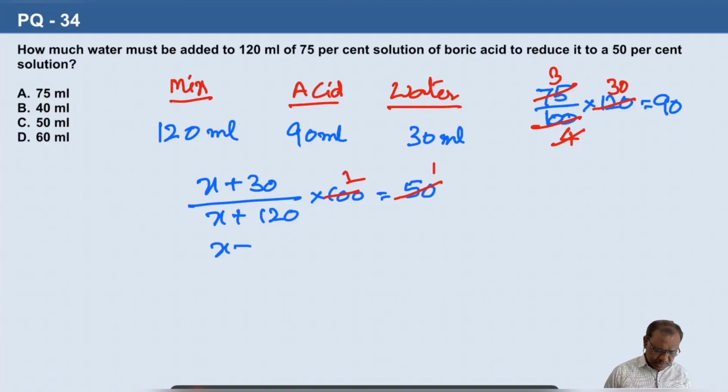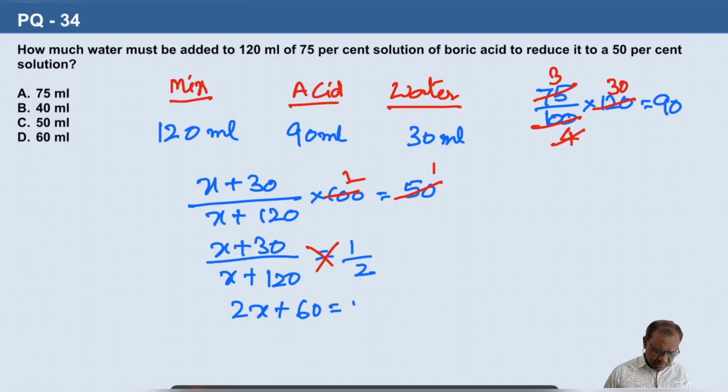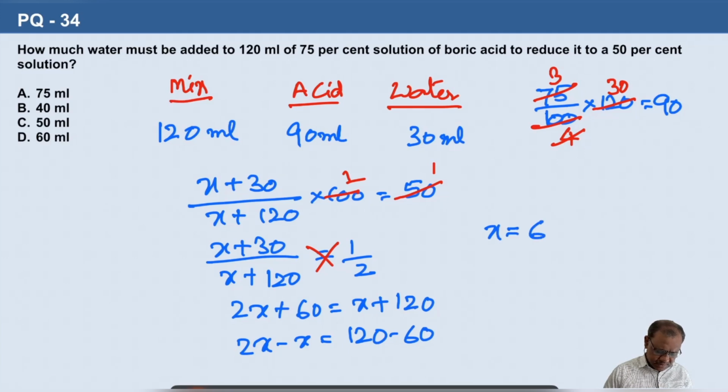That is x plus 30 by x plus 120 is equal to 1 by 2. Cross multiply. 2x plus 60 is equal to x plus 120. 2x minus x is equal to 120 minus 60. So that is x is equal to 60.